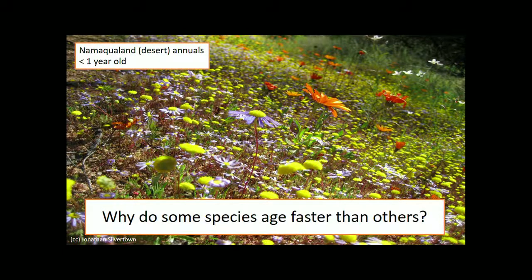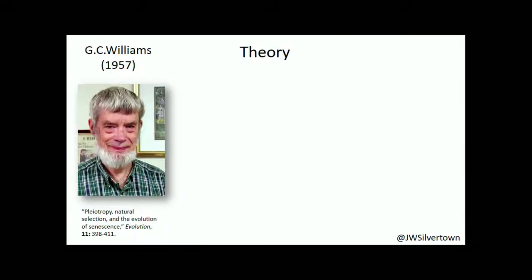These happen to be in South Africa, but in any arid environment, you'll find plants that actually die after 1 year. So although senescence itself is universal, the rate at which senescence occurs is extremely variable indeed, from very slow to horribly quick. And the question is, why do different species age at different rates?